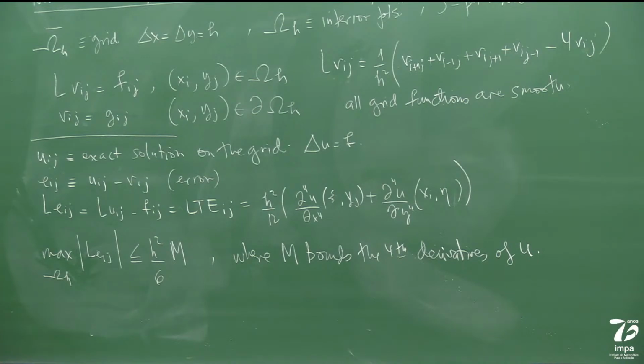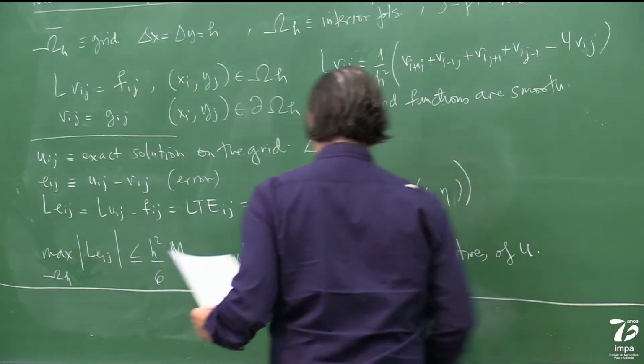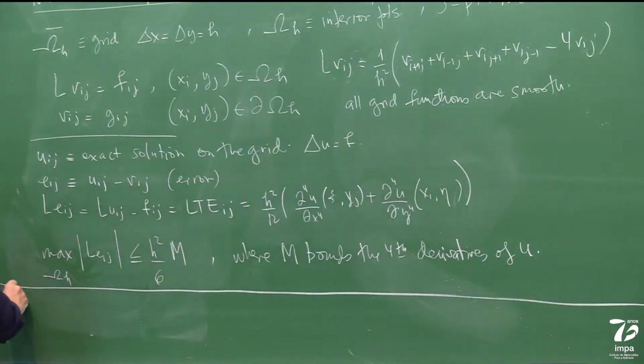Let's see what else I'm going to say. Okay, let me just use this space. We're going to use the following theorem to actually show that the five-point method converges at second order for the Poisson equation if we have this hypothesis.